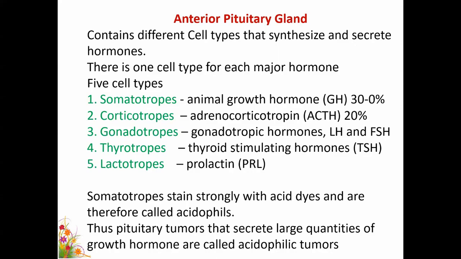So it can be easily stained with strong acid dye, and therefore it also can be called acidophils. Okay, again the cell type somatotrophs can easily get stained strongly with acid dyes. Dyes means the coloring agents, and therefore they are called acidophils.